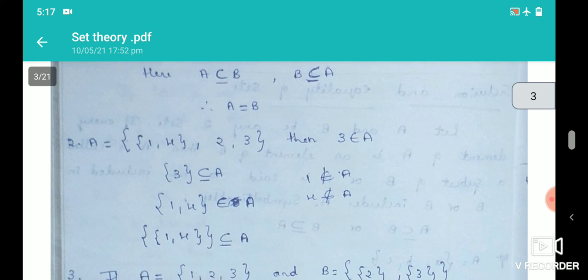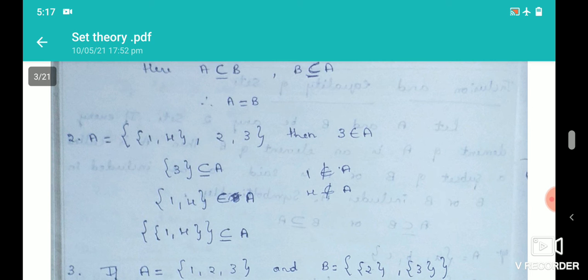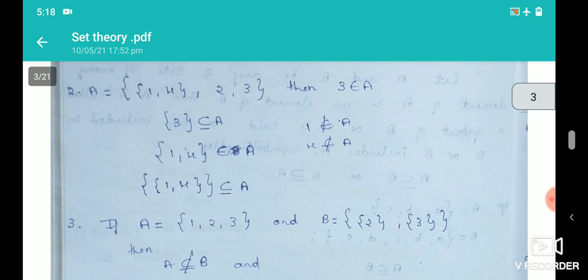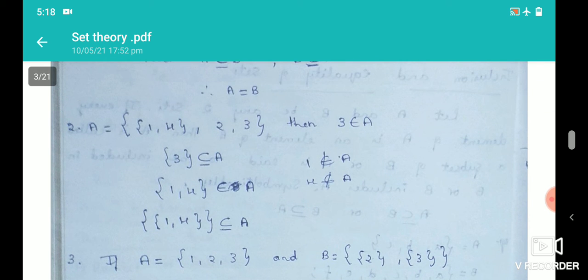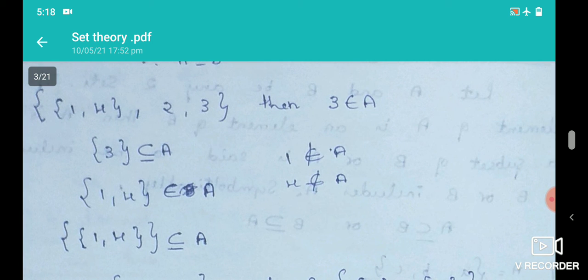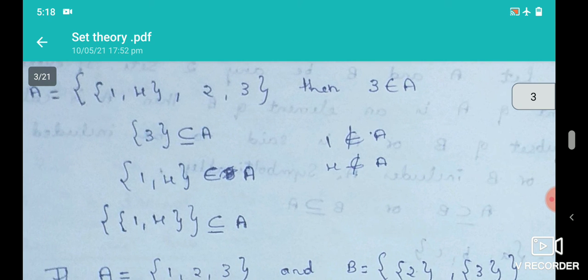Now consider another example, set A equal to {1, {4}, 2, 3}. Then 3 belongs to A, right? We say that 3 is a member of A, and 1 does not belong to A and 4 does not belong to A because there is no single 1 and 4.